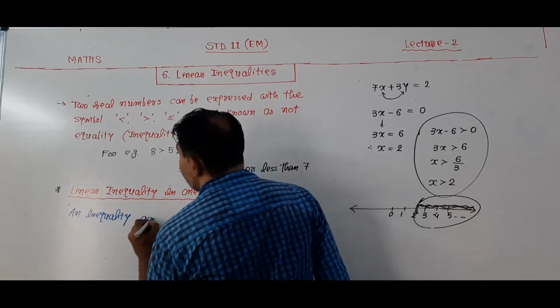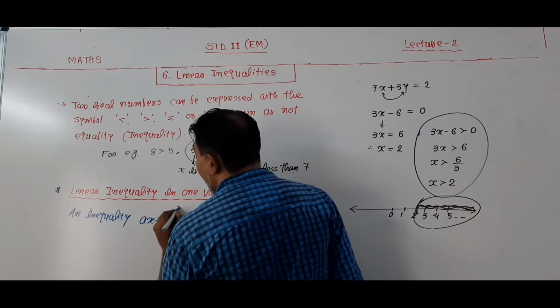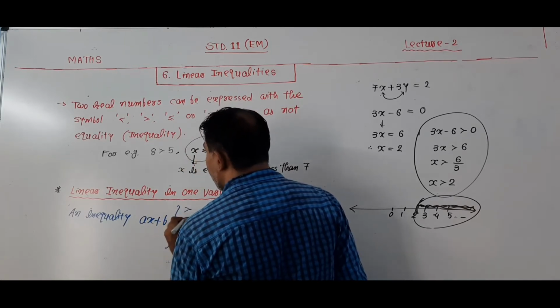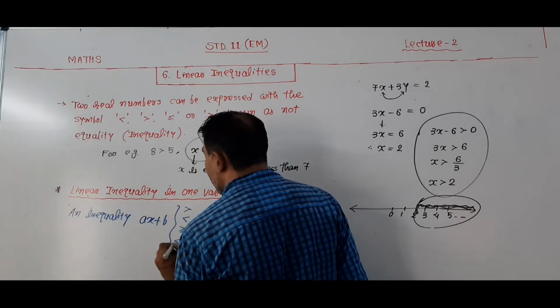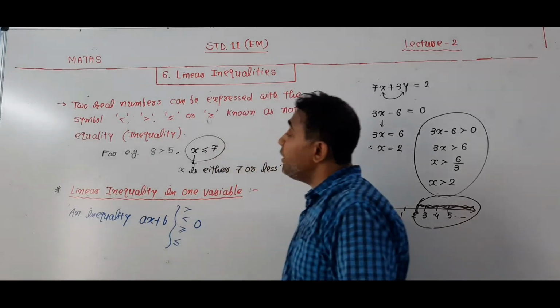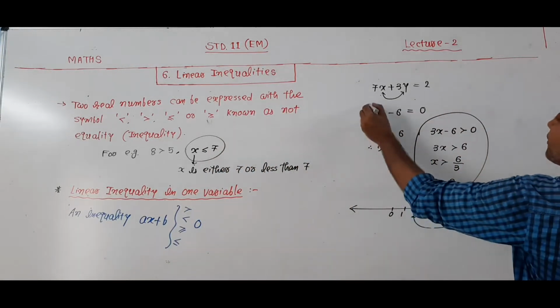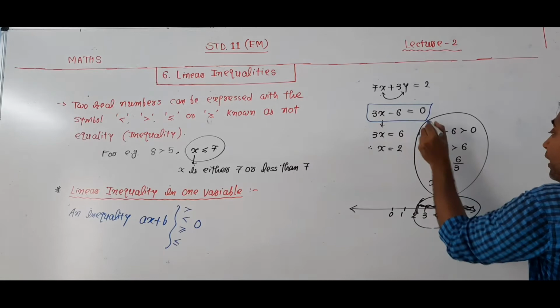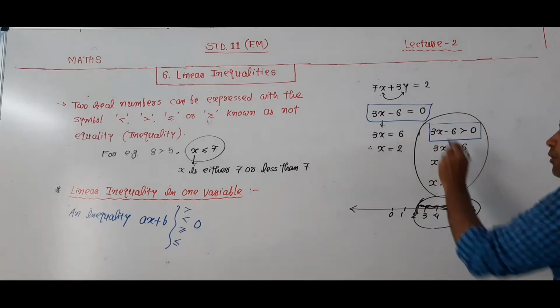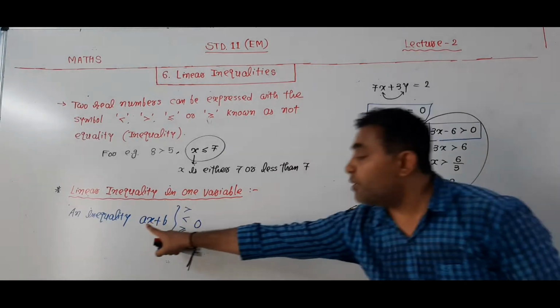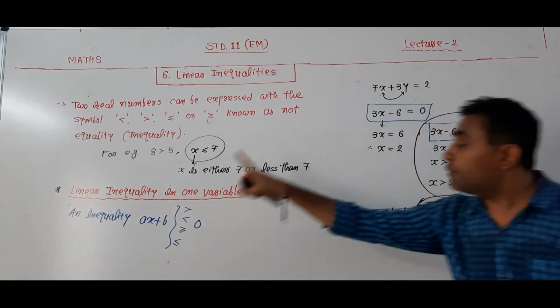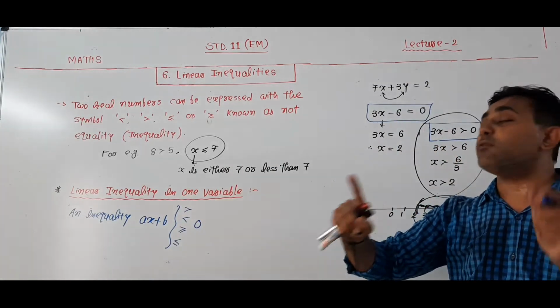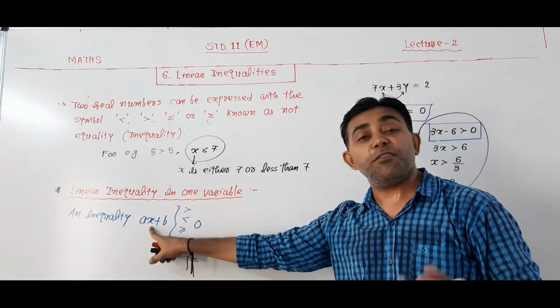ax plus b. See here, there are 4 different signs: greater than, less than, greater or equal, or less than or equal to 0. See here, 3x minus 6 equals 0 is an equality. Here is an inequality. a means 3, b means minus 6. Every linear equation is of the form ax plus b equals 0.